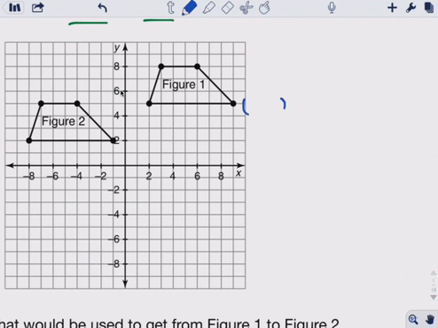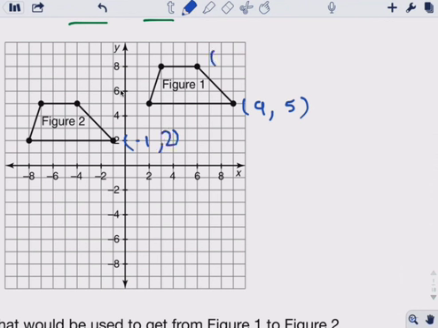Figure 1 is here, and it's counting by 1, so that's 9, 5. This one is the same as this, and it went to negative 1, 2.